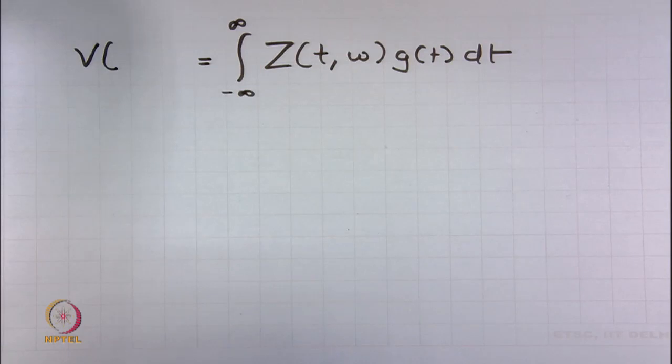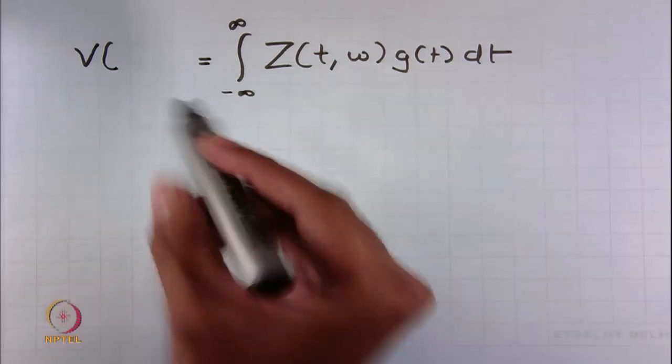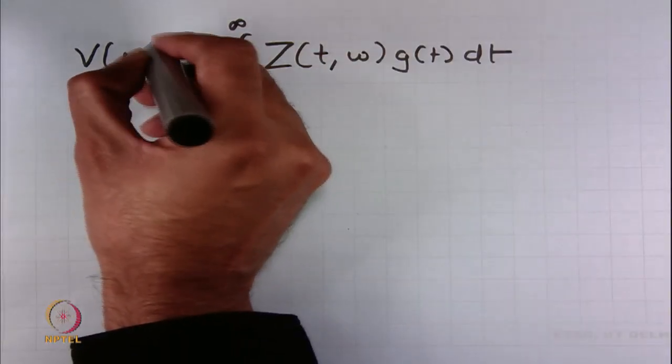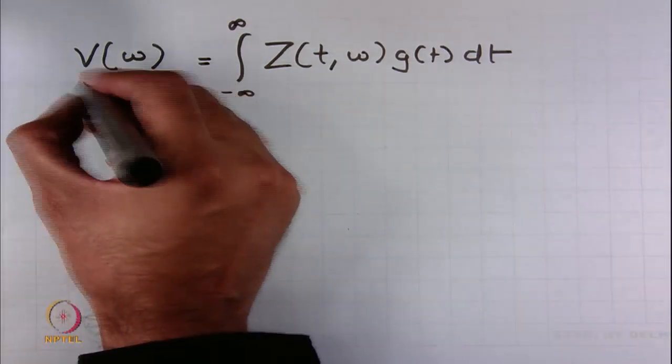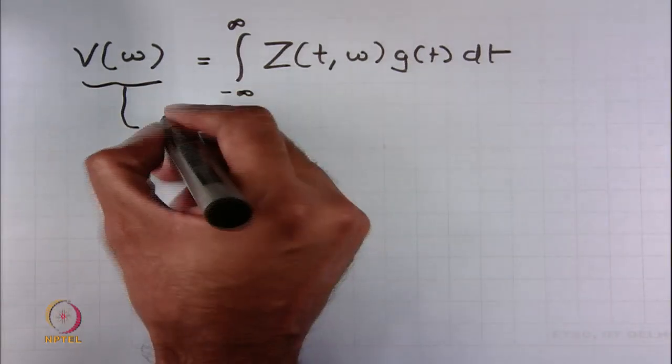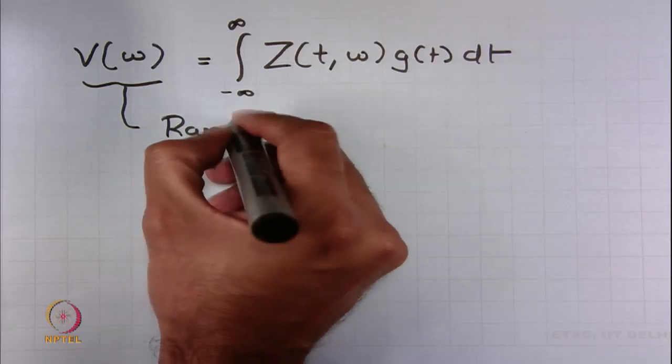Why is this not a function of t? Because t is the running variable. So, it will not be a function of t, but it would be a function of omega. What you would get is a real number, v of omega, and this number would depend upon omega. So, this v of omega is a random variable.